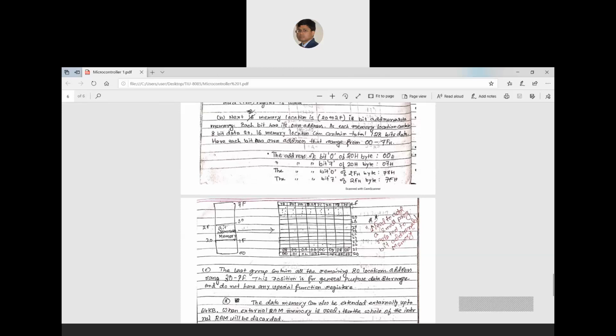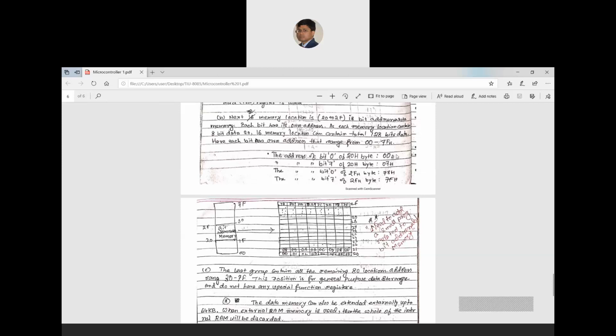That means we have 8 into 16, 128 bits of data in this total segment. So 128 bits of data is nothing but 00 to 7F. That means the maximum address, 7F, you get at the 7th bit of the 2Fh memory location, and the starting address you get at bit 0 of the 20h memory location.